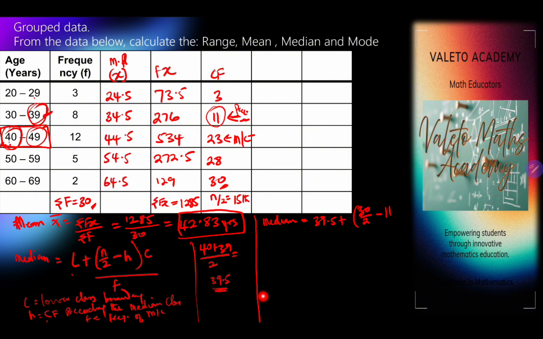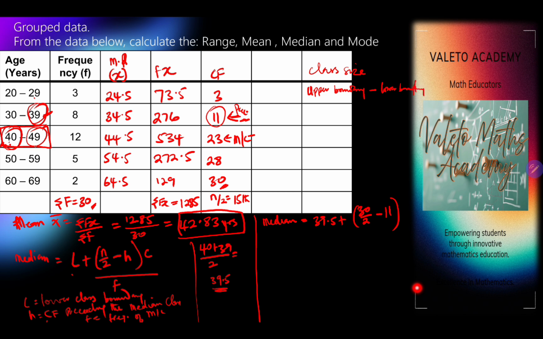What else do we need? Multiplied by the class size of the median class. We have to calculate that. Now, what is the class size? The class size of the median class is given by the upper boundary minus the lower boundary.